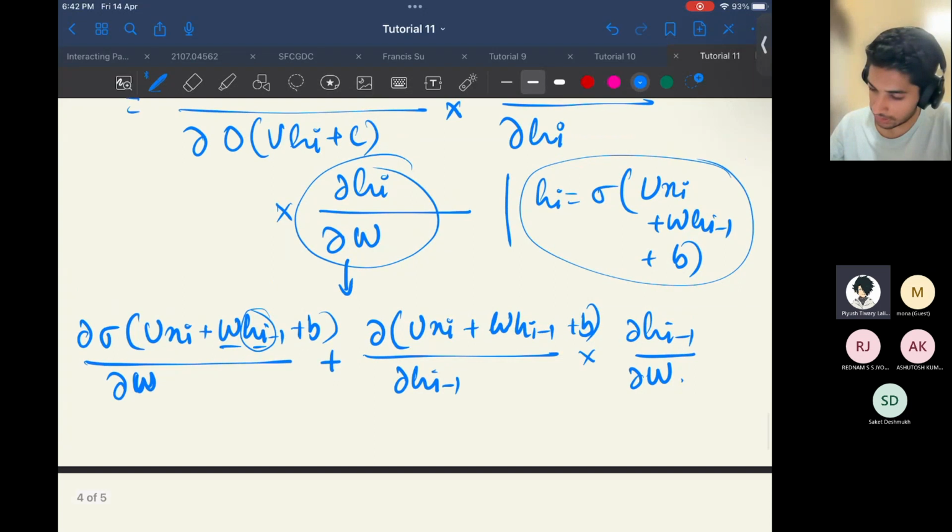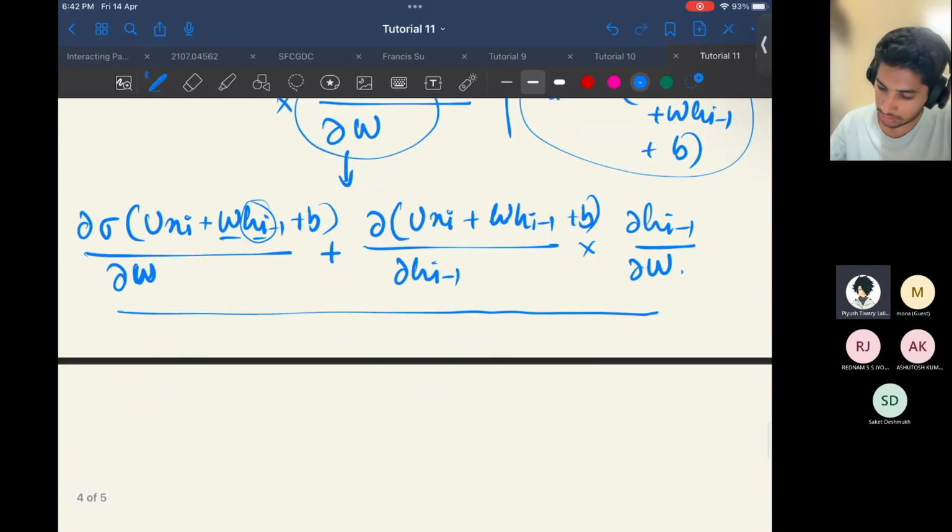If you are wondering how this came about, I have used something like this. Let's say I have to do del by del x of f of x times g of x. What we do is f dash times g plus, sorry, f times g dash, right?